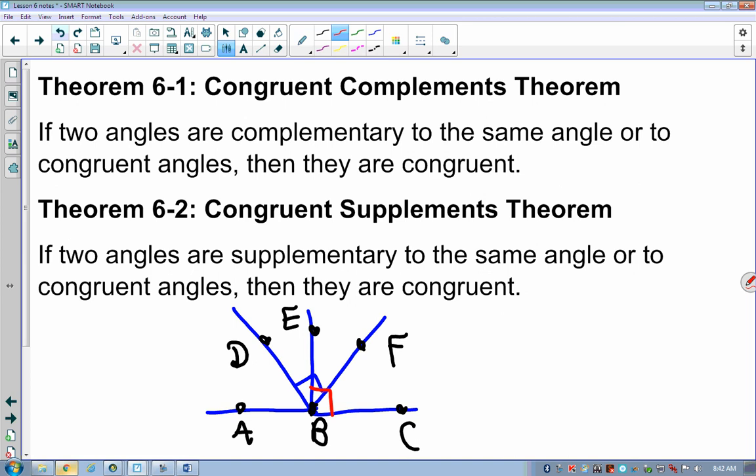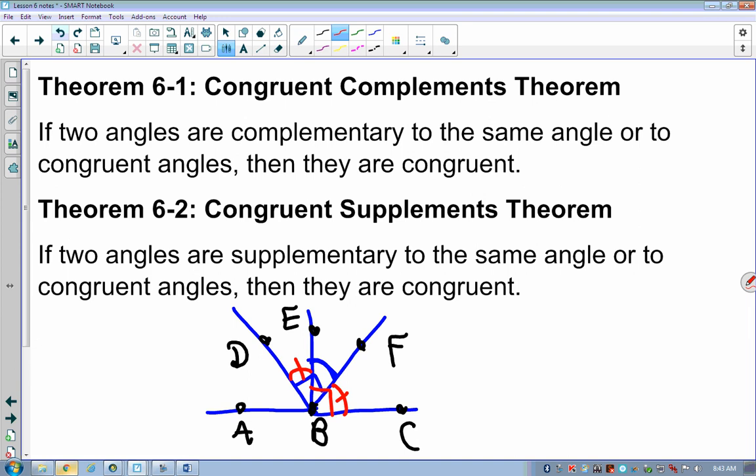Then what I know is that angle DBE is congruent to angle FBC. Do you catch that? I know whenever I start quoting off angle names, I tend to lose people. Do you want me to go through it again? No? Because there is an overlap here that's making both of those complementary pairs, then what I know is that this angle and this angle are congruent to each other. You got it now? Okay.